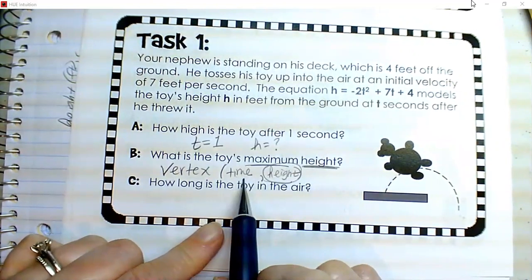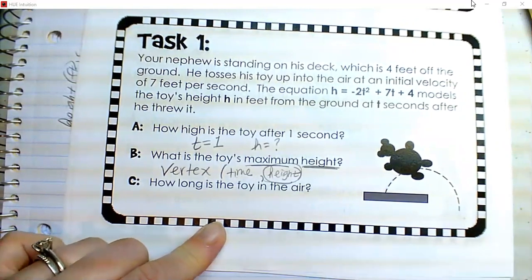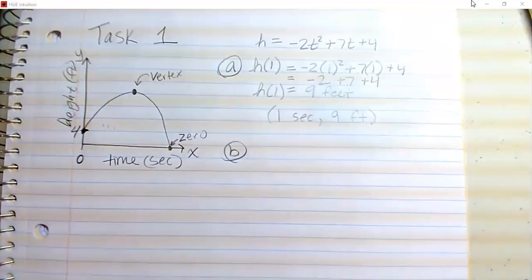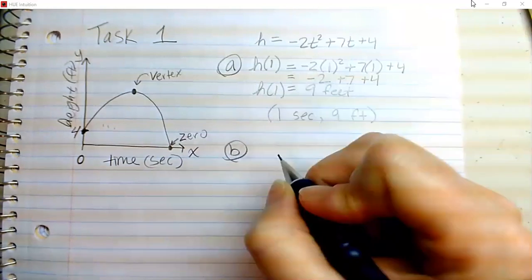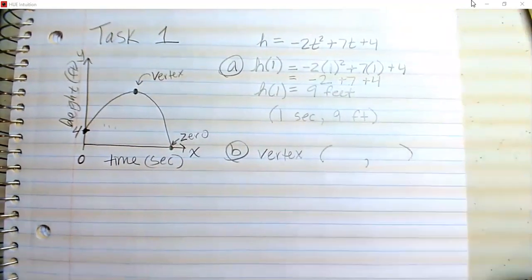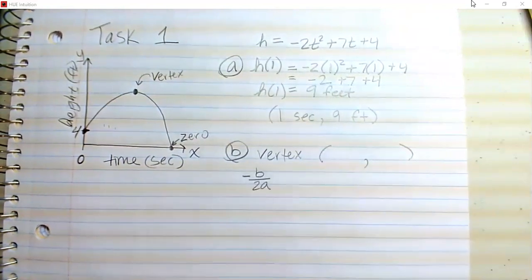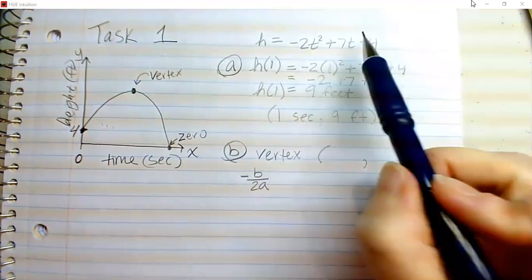Now we are gonna have to find the X value of the vertex before we can get the Y value, okay? That's where we need that little equation, negative B over 2A. Well, what is B?